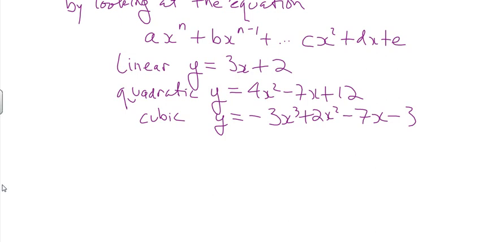7. What's the minimum number of intercepts that a quadratic may have? 0, right? What's the minimum number of x-intercepts of a linear? 1. What's the maximum number of x-intercepts of a linear? 1. Yeah, right. So linear has to have 1. Linear and cubic are of odd degree, right?